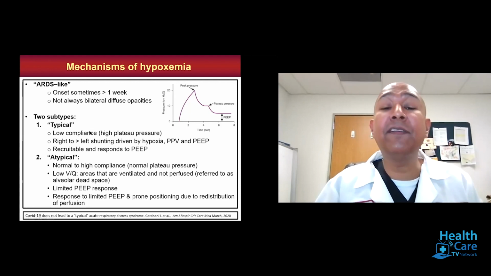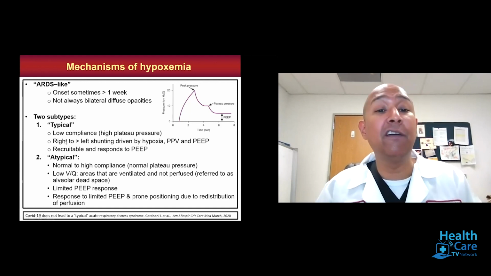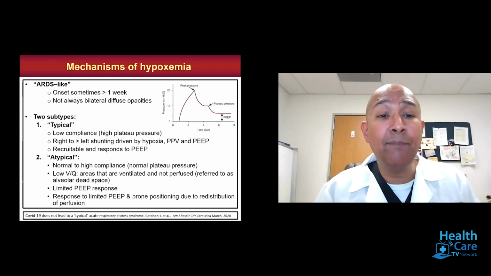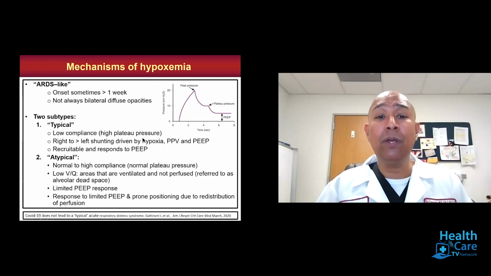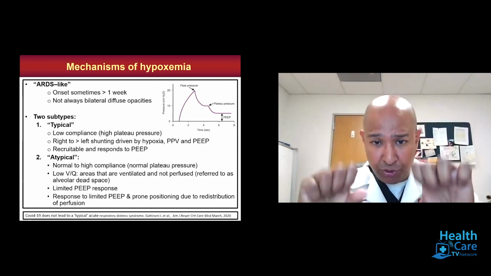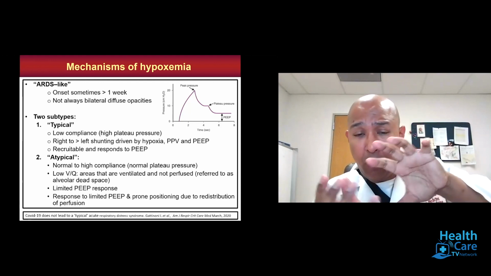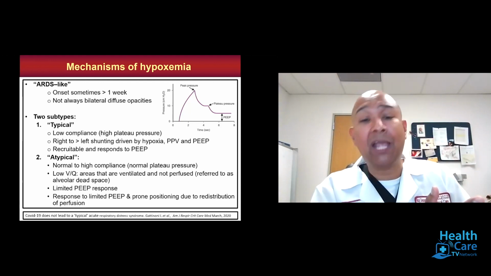And in a physiological sense, we see a lot of right to left shunting of blood. People ask why? Because if you're very hypoxic, like you will be in ARDS, you get something called hypoxic vasoconstriction. And as you constrict these pulmonary capillaries and pulmonary arteries, all the pressure is going to back up. Back up where?